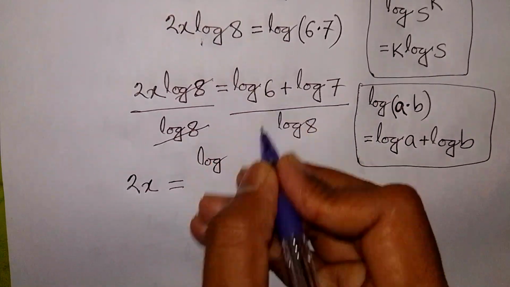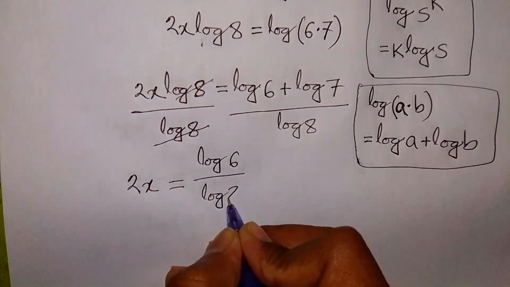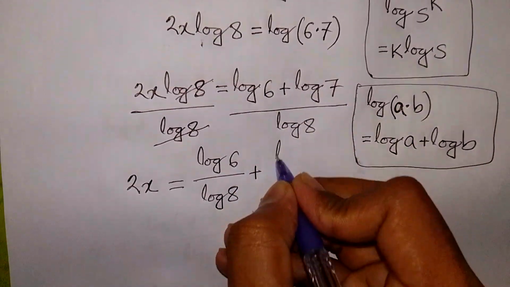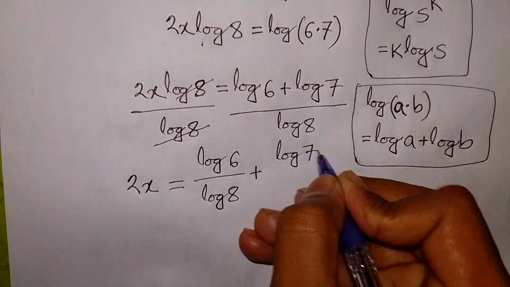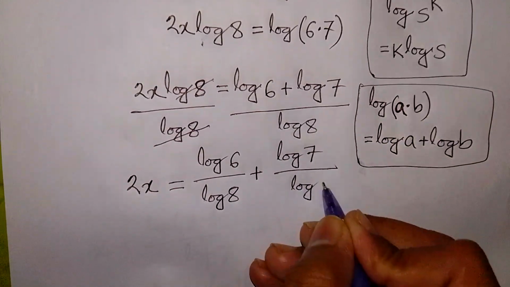So here log 6 divided by log 8, then plus log 7 divided by log 8.